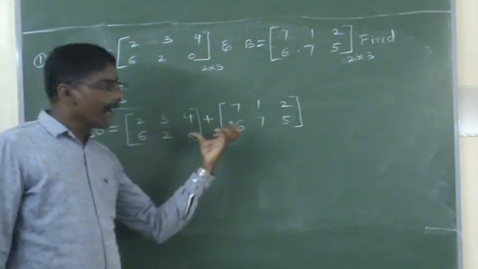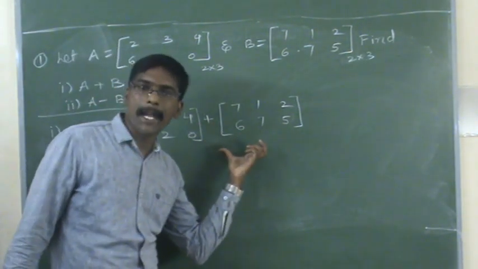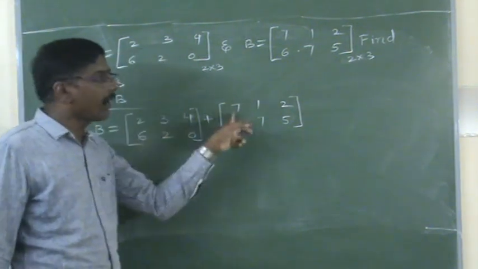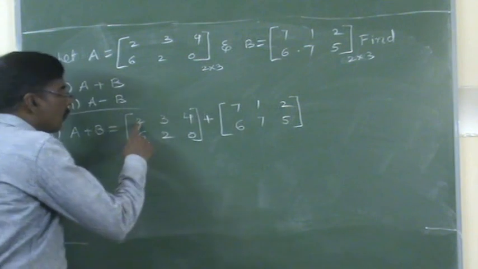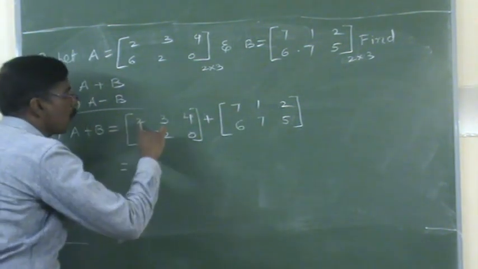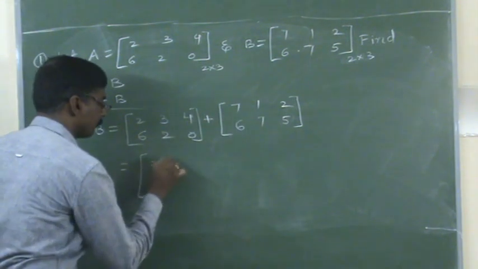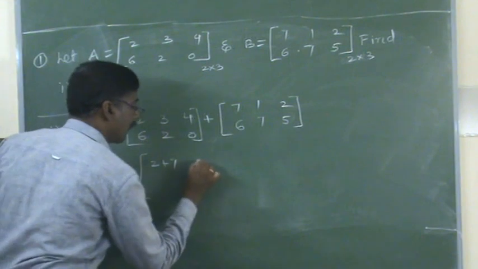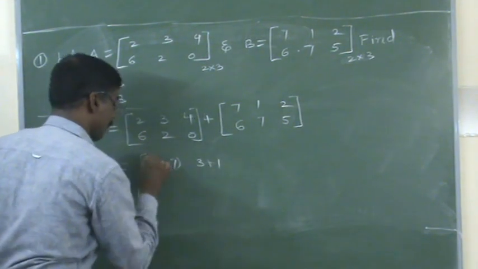Whenever their orders are the same, we need to add the corresponding elements. The corresponding element of 2 is 7, so we add 2 plus 7. Next, the corresponding element of 3 is 1, so 3 plus 1. This is one element.